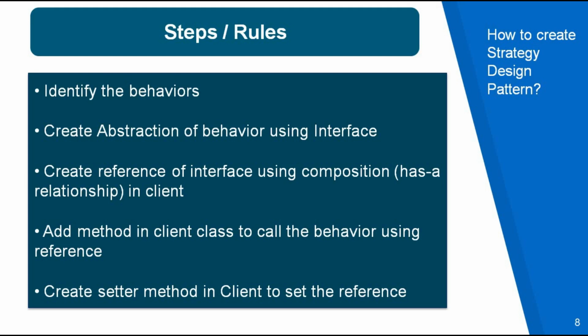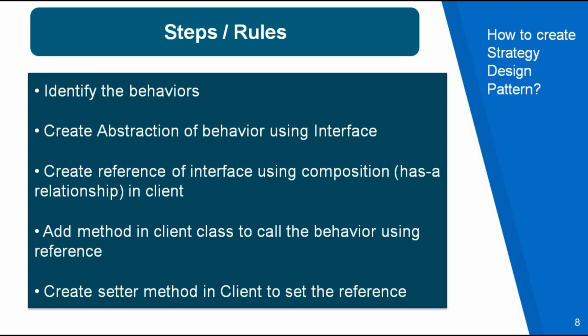We will separate out all these behaviors in separate interfaces. Then we will create the reference of all these interfaces using composition, and we add it in a client, which is the Animal class in our example, right?